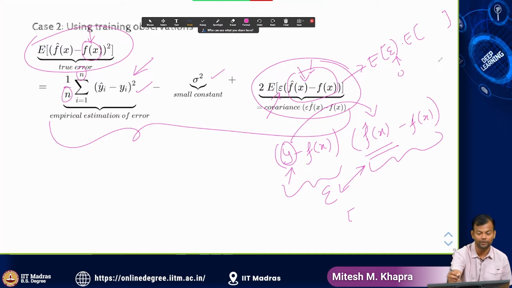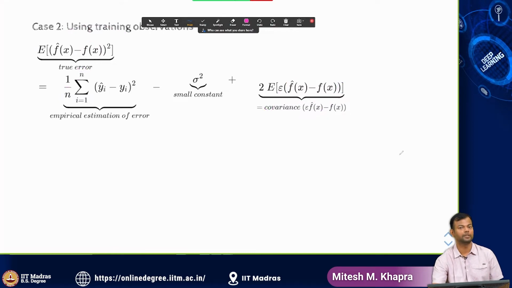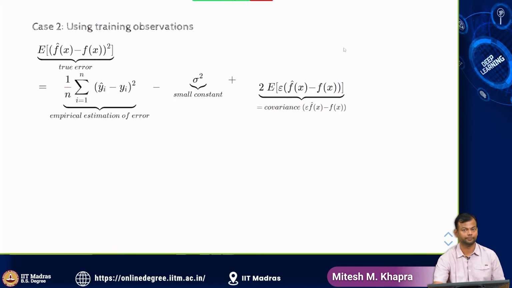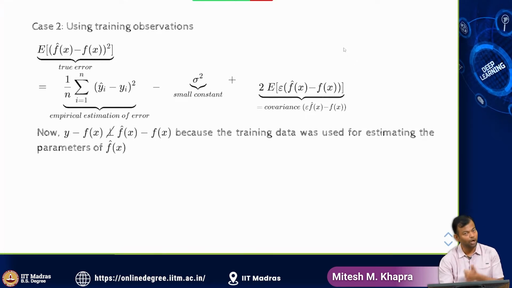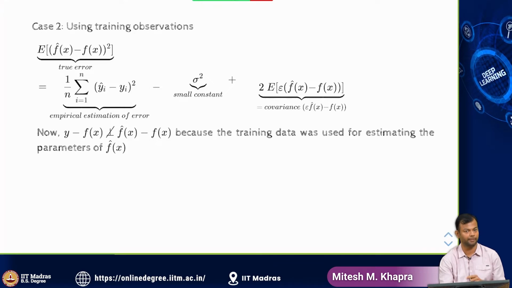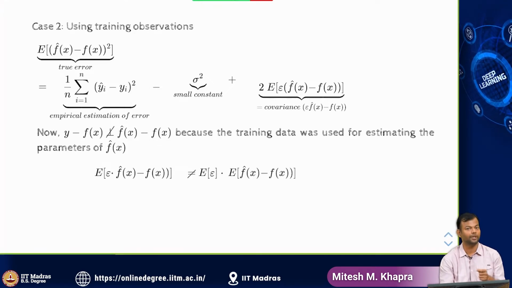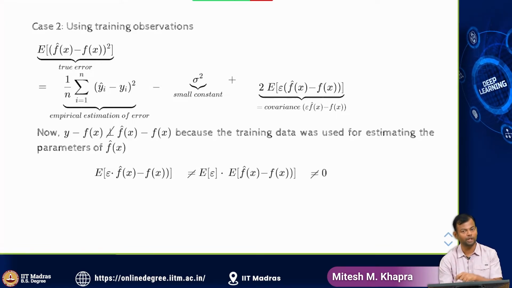So when you estimate it from the training data, this term does not disappear. y minus f of x is not independent of f hat x minus f of x, because the training data was used for estimating the parameters. So this expectation cannot be written as this product, and hence it will not be 0.